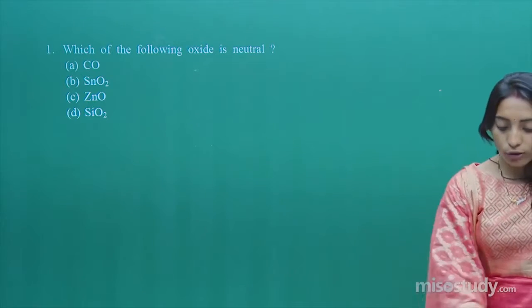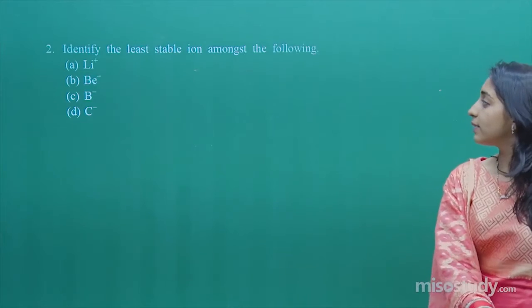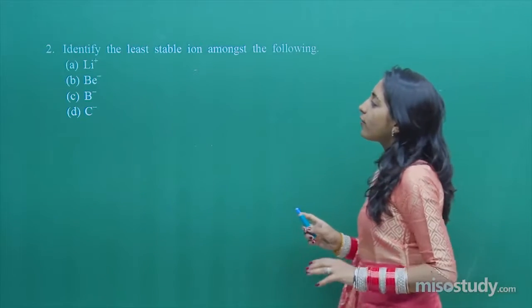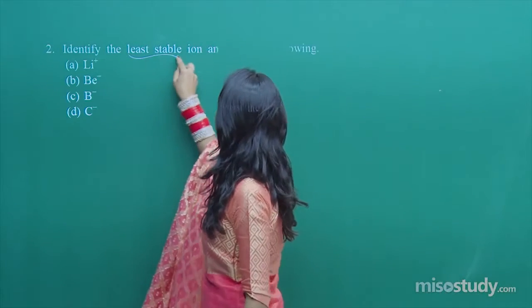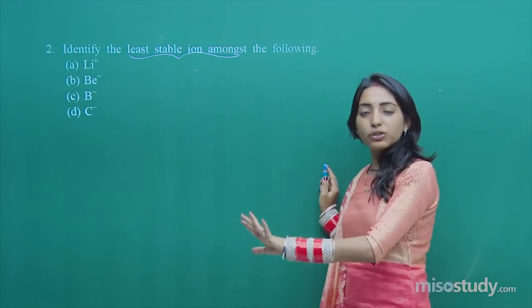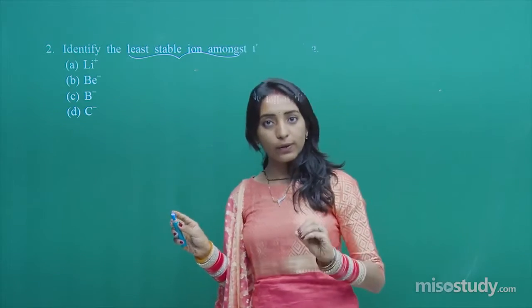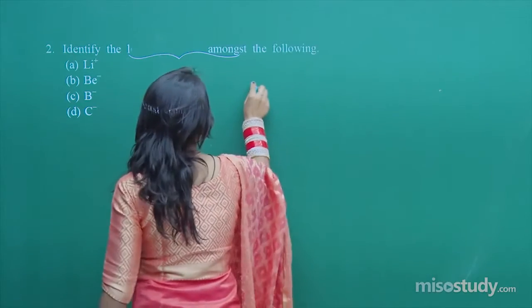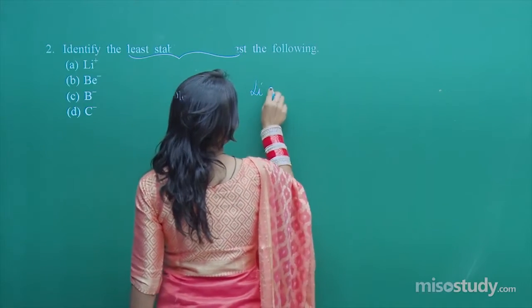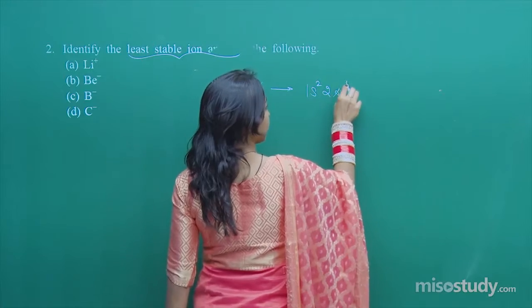When I am moving on to my next question, the question says that you need to identify the least stable ion among the following. So 4 options are given and we need to pick the least stable ion. Let me first write. We have lithium, whose electronic configuration is 1s2, 2s1.